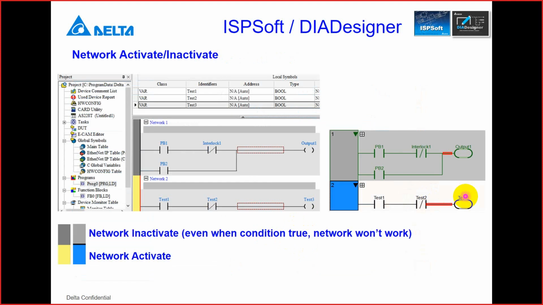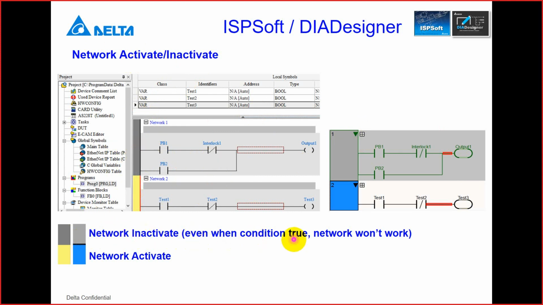Okay, if not, then we move to the next. This page just wants to show you the network activate and inactivate. Basically, if we move our mouse to here, you see this one becomes deep gray. That means this network is inactive.